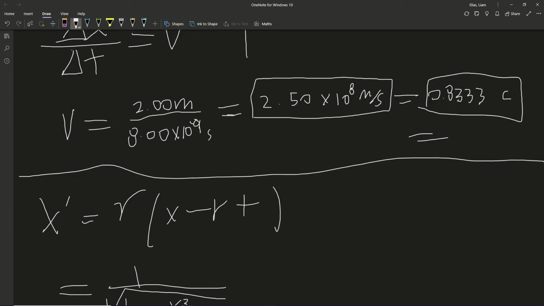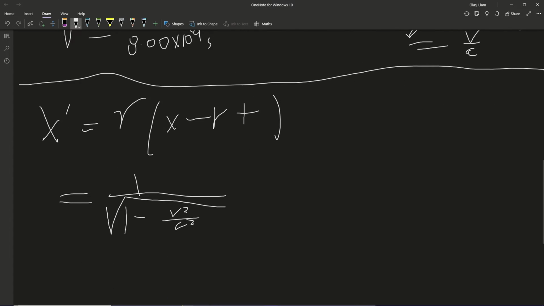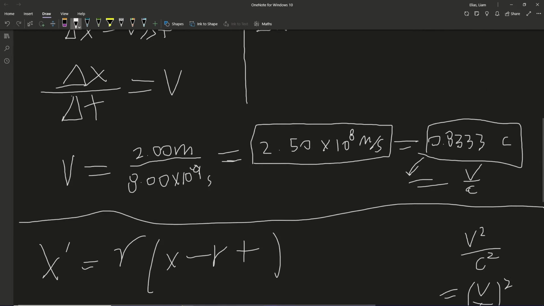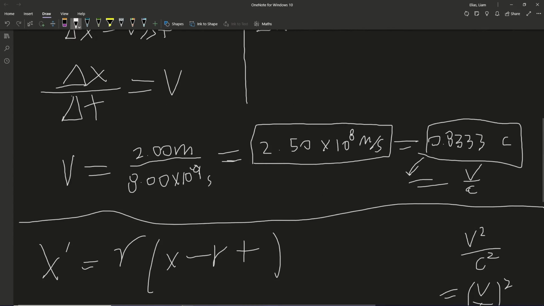So this is just this value in terms of the speed of light, which is v over c. And here we have v squared over c squared. But when you have v squared over c squared, you can also write that as v over c, all squared. So really what we have here is v over c squared, which is just this value squared.